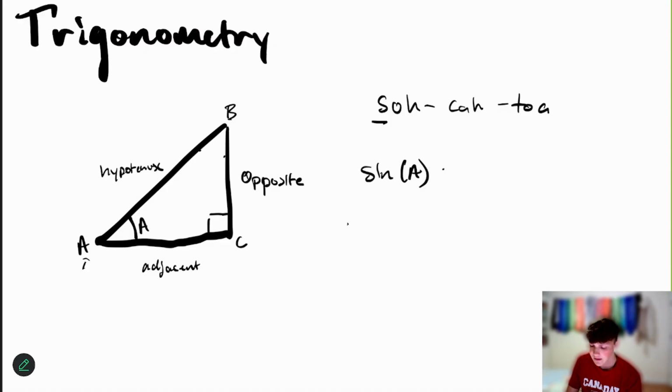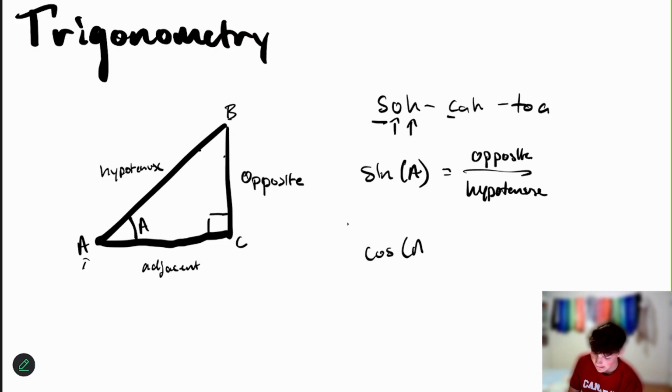Sine of angle A is equal to opposite over hypotenuse. Cosine of A is the ratio of the adjacent to the hypotenuse.